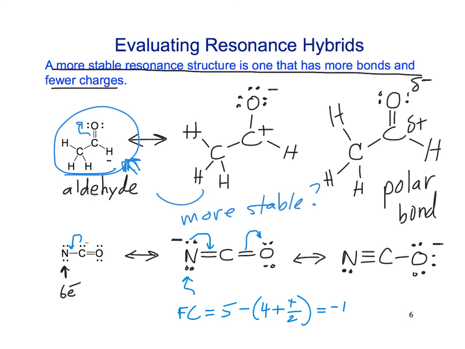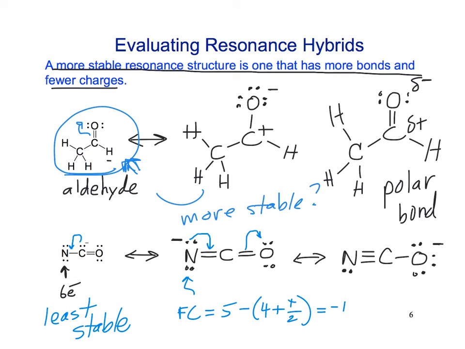What about the number of bonds? Well, the 2 structures on the right, the middle and the right, both have 4 bonds. The one on the left has only 3. So this one here is going to be the least stable. Essentially, we could also say it's least stable because the nitrogen does not have a complete octet of electrons.